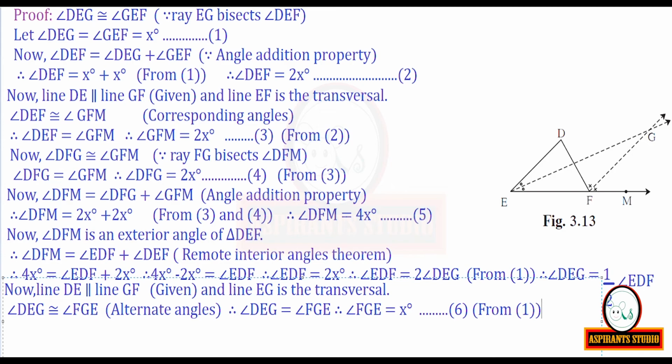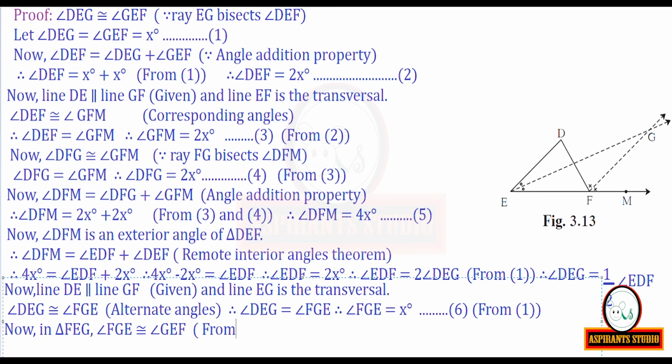Now coming to triangle FEG, we have to ultimately prove EF is equal to FG. So you take triangle FEG. Now from equations 1 and 6 you get angle FGE to be congruent to angle GEF. Because their measures are equal, the angles are congruent. So angle FGE is congruent to angle GEF.